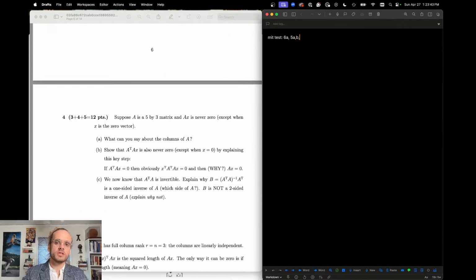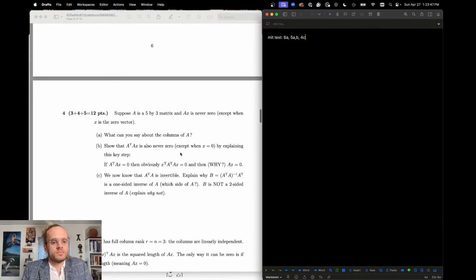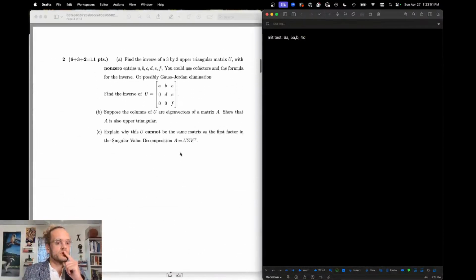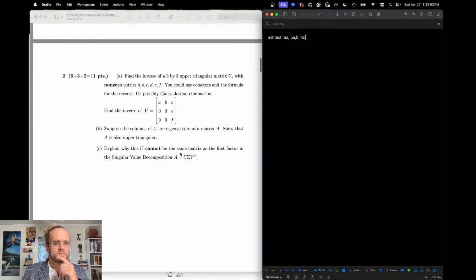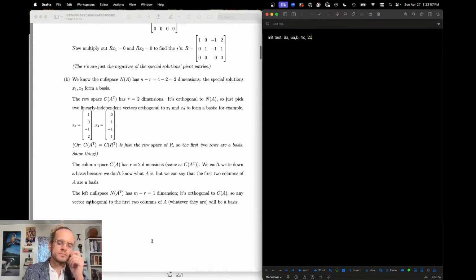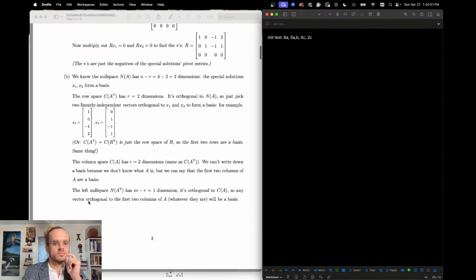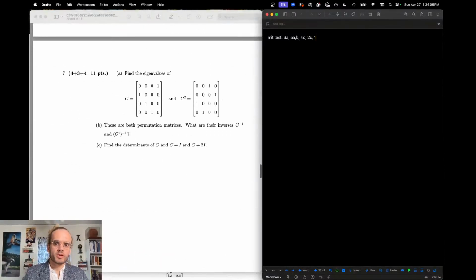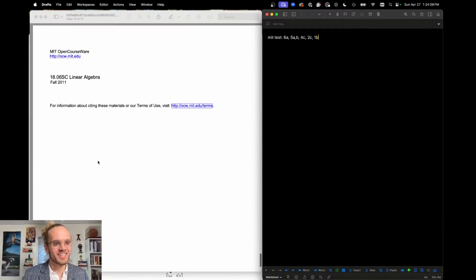Oh no, it was 4C. And then number 2, 2C. I should do 1B a bit more. I'll write 1B. Basically the whole test I have to understand better.